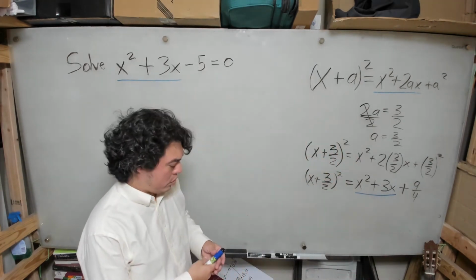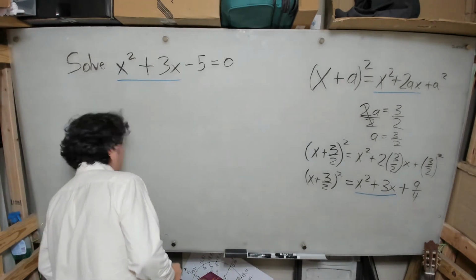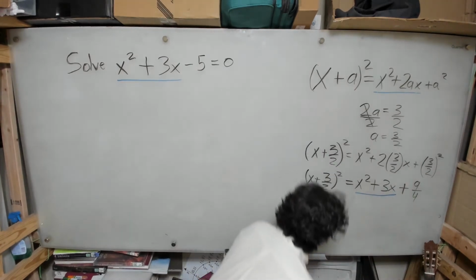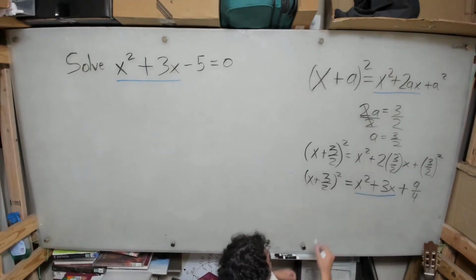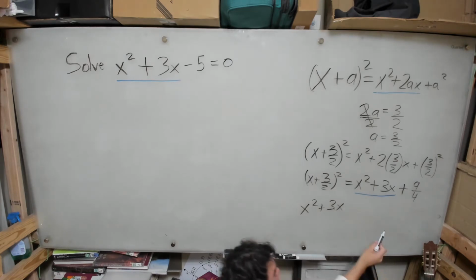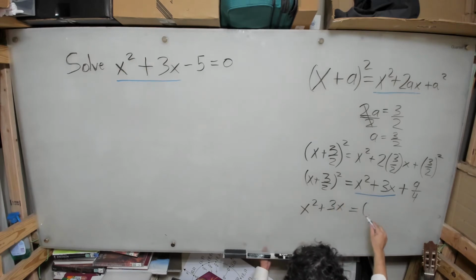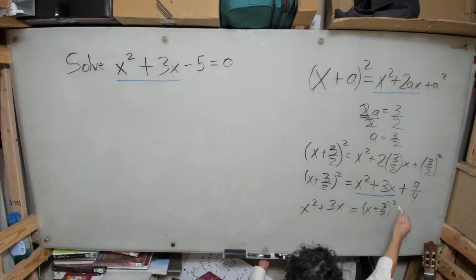Okay? So now, what I'm going to do is get this piece by itself, this x squared plus 3x, by subtracting 9/4 from the other side. So it's going to equal this, which is (x plus 3 over 2) squared minus 9 over 4.